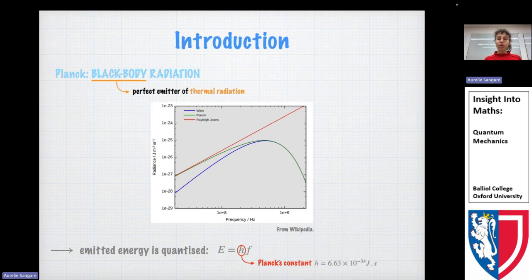And f is the frequency of the associated harmonic oscillators. So without going into the details, you can just see thermal radiation as corresponding to the radiation being emitted because of the oscillation of harmonic oscillators, and these harmonic oscillators have a frequency f, which is the one which appears in the expression for the quantum of energy.